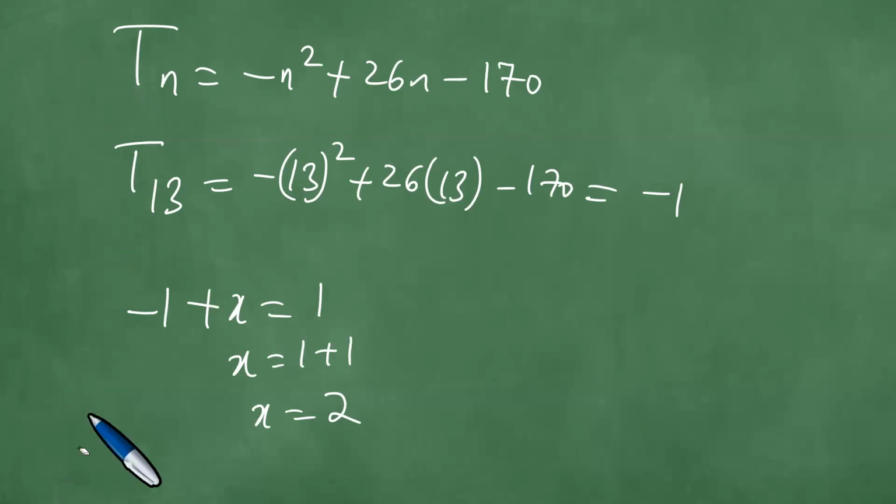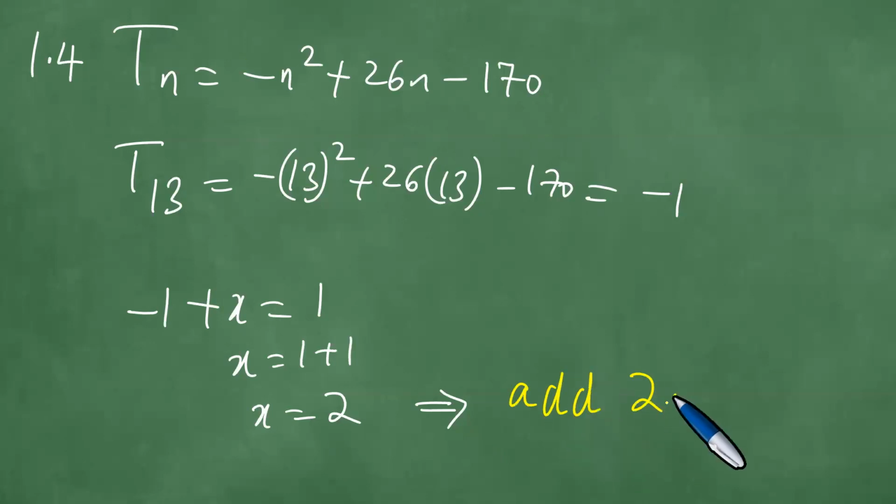This is 1.4. And this means that you need to add 2. You need to add 2 to minus 1 so that the result is 1.